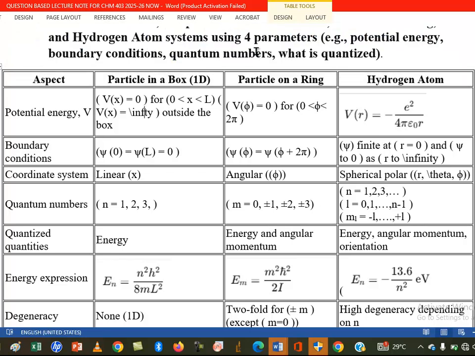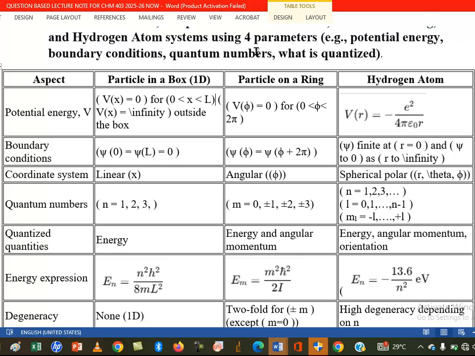Okay, so this should be infinity. Now you can look at potential energy.